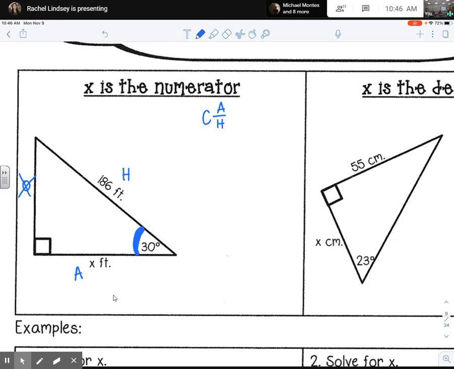So remember, it's always cosine of an angle equals adjacent over hypotenuse. So I have cosine, COS, of my angle, what's my angle? 30, equals my adjacent x over my hypotenuse, 186. So that is my equation.